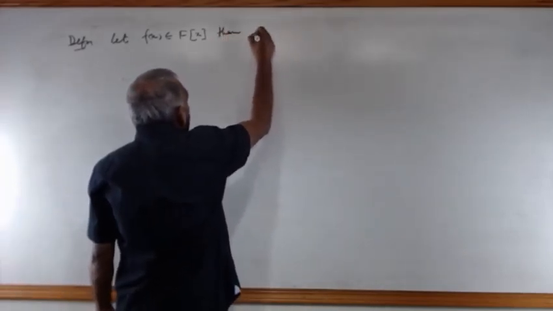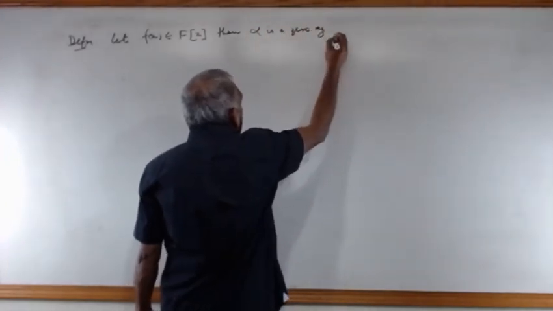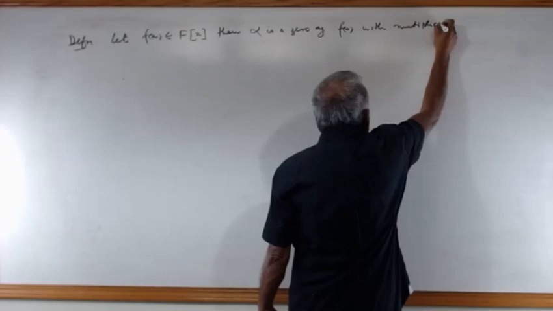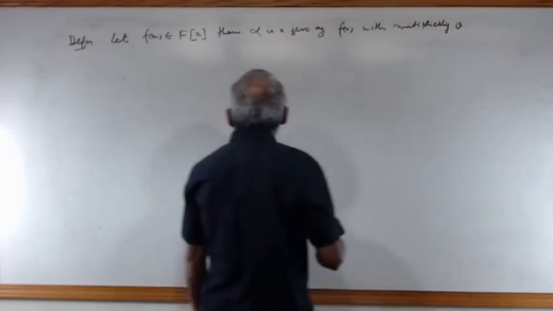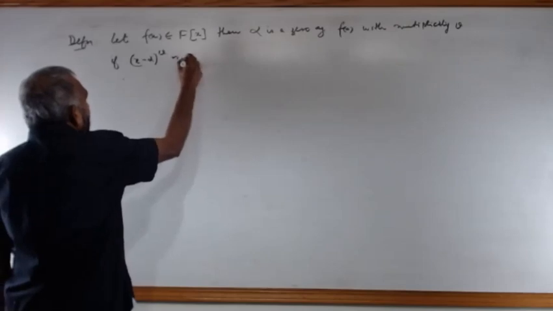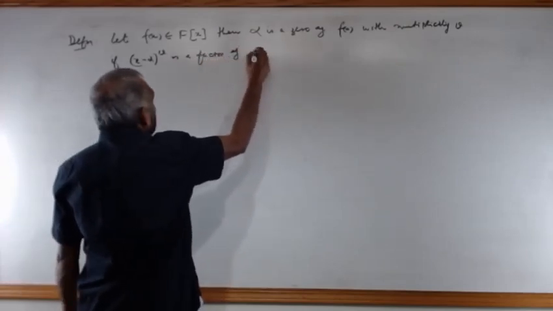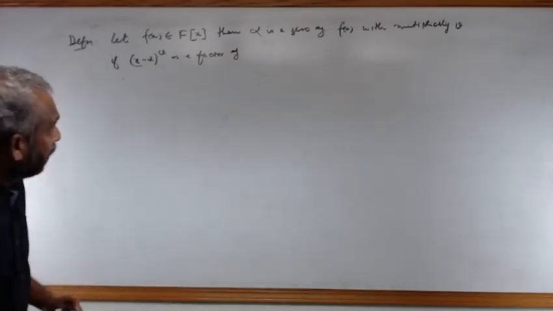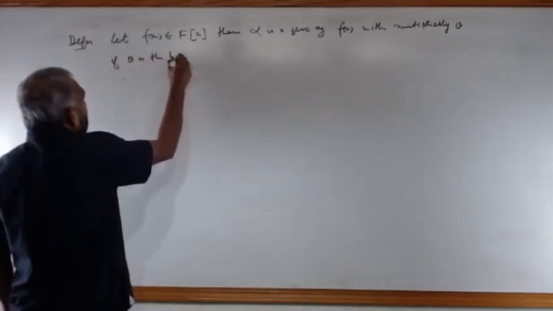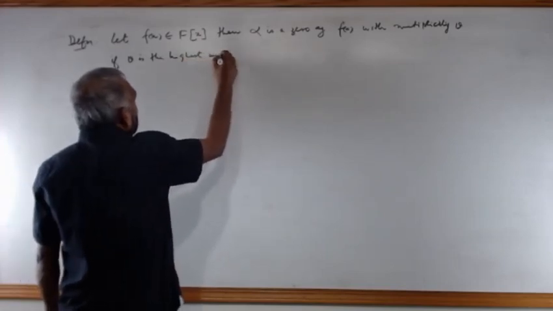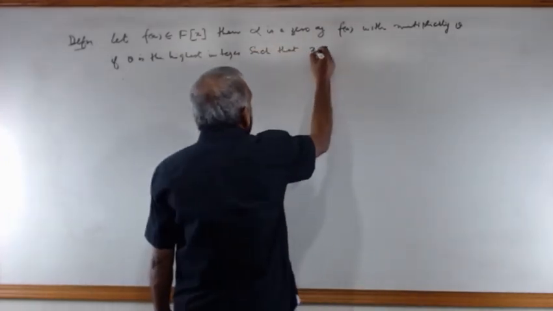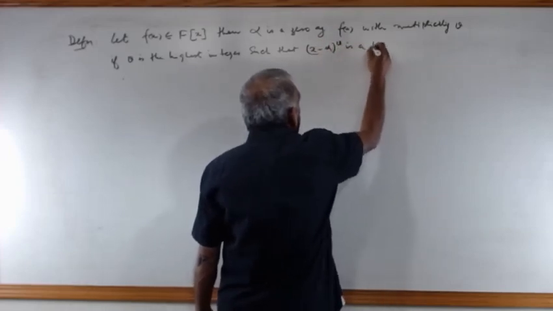Then alpha is a zero of f(x) with multiplicity v if (x minus alpha) to the power of v is a factor of f(x), that is, v is the highest integer such that (x minus alpha) to the power of v is a factor of f(x).